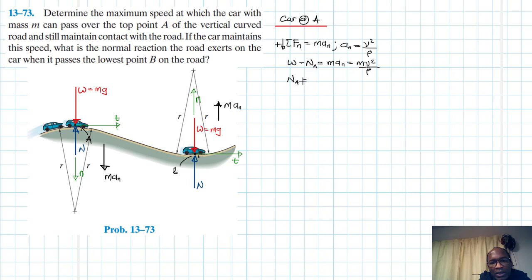So making N_A the subject of the formula, this just becomes W, which is just mg, and we can factor out the m. So m, we have g, then once this comes this side, it will just become minus v squared divided by rho.